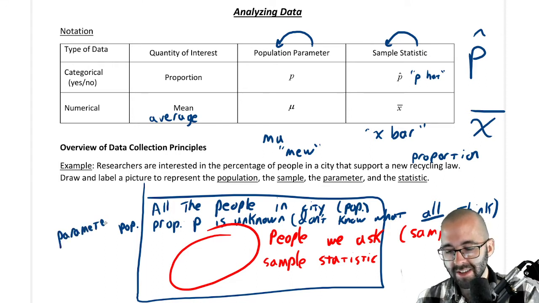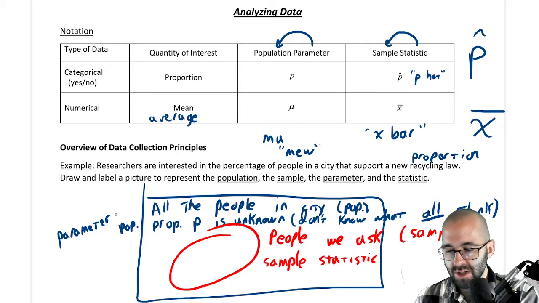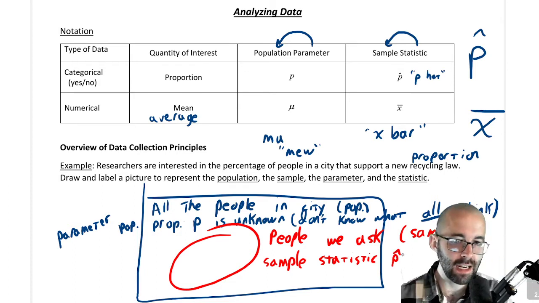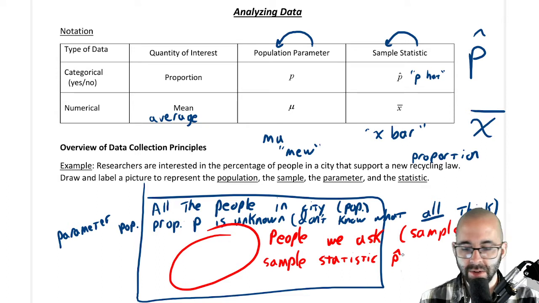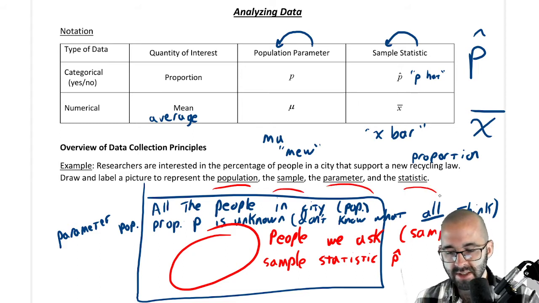There was another p. Parameter, population proportion p. We do know the sample statistic, proportion p hat, because we're asking them, we are getting a response, and there we go. So we've talked about the population, sample, the parameter, and the statistic right here.